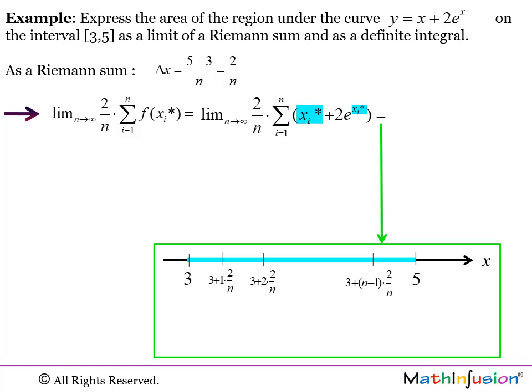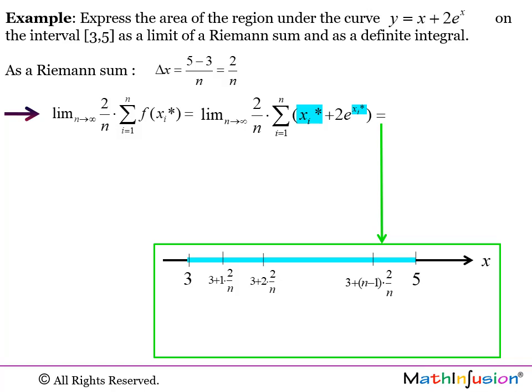So if we start with 3, then the next point is going to be 3 plus 1 times 2 over n. And the point after that is going to be 3 plus 2 times 2 over n. And the one before the last one is going to be 3 plus (n minus 1) times 2 over n. And the last one is obviously b, which is 5.